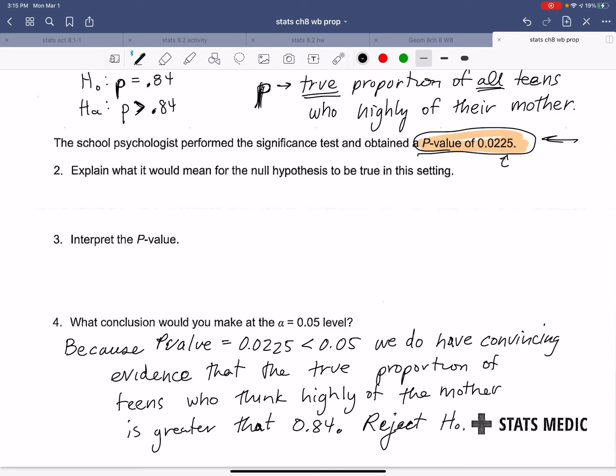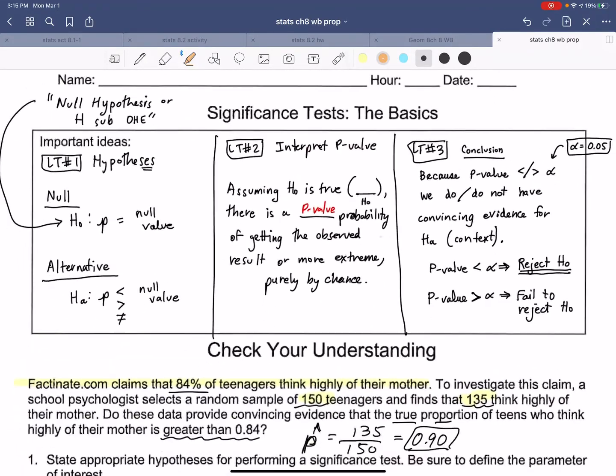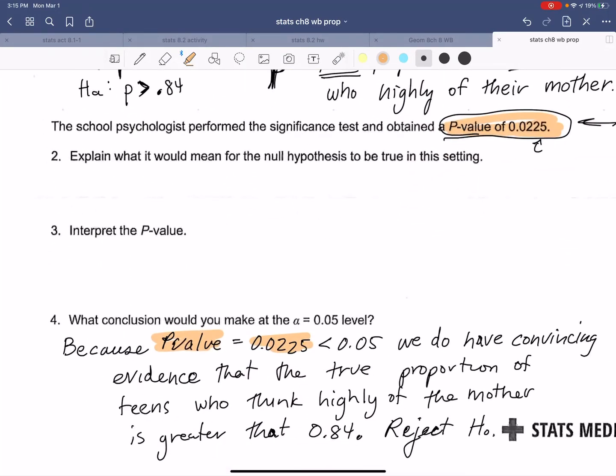So you're like, well, wait a minute. What did this p-value mean? What does it mean when I say that p-value is that? Again, we look at our learning target 2, and we stick to our script.